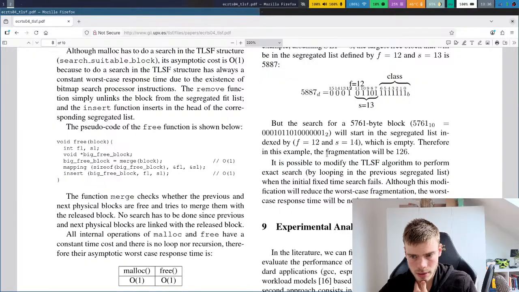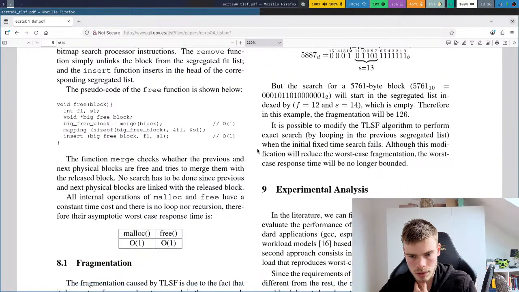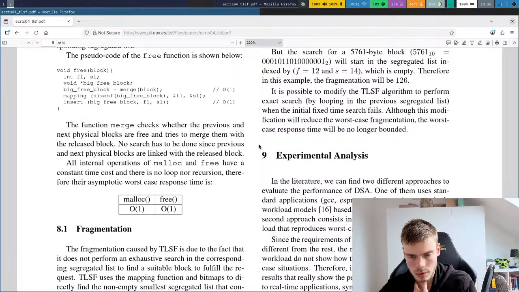It is possible to modify the TLSF to perform an exact search, looping in the previous list, although the initial fixed time is no longer bounded.